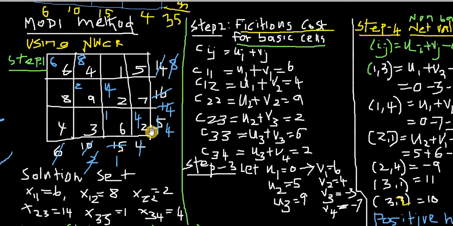So among these remaining cells, this is the northwest corner cell. From here, how many products are available? 5 products are available from the last production center, and only one demand is still to be filled here.